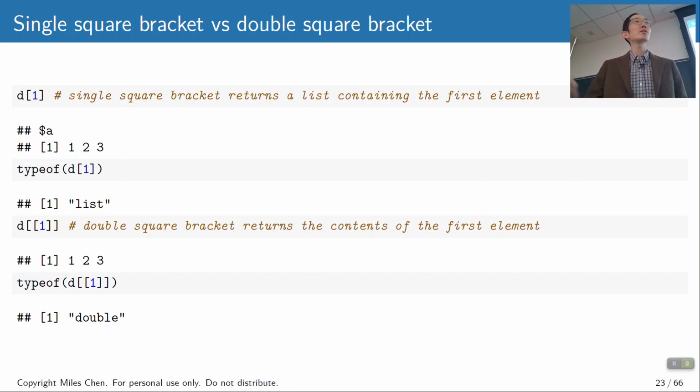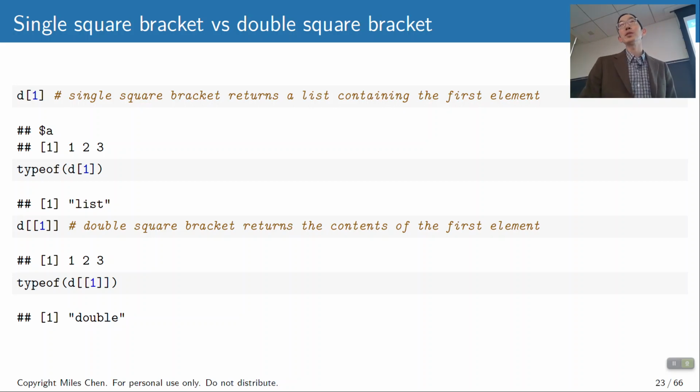Okay, and so this difference between single square bracket and double square bracket, and do I use list and things like that, this is one of the most common sources of frustration with students working with lists and vectors in R. If you get these two mixed up, or can't keep them straight, it's going to be frustrating.